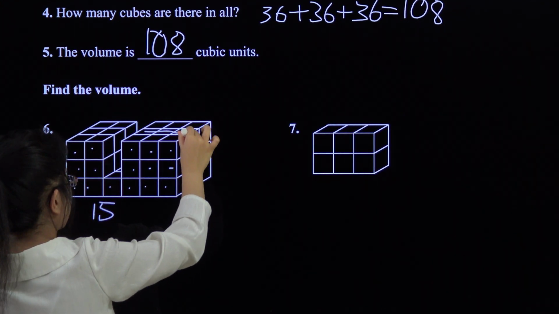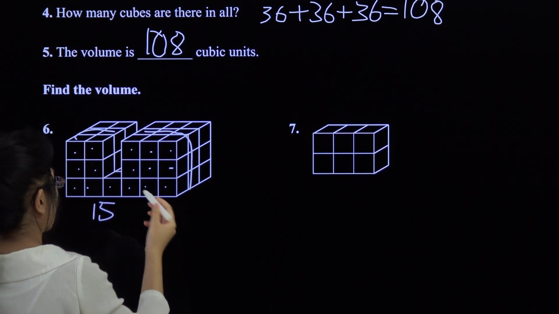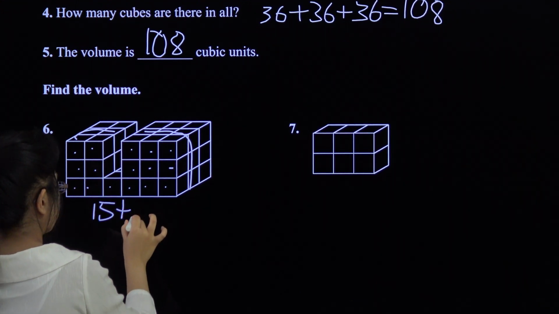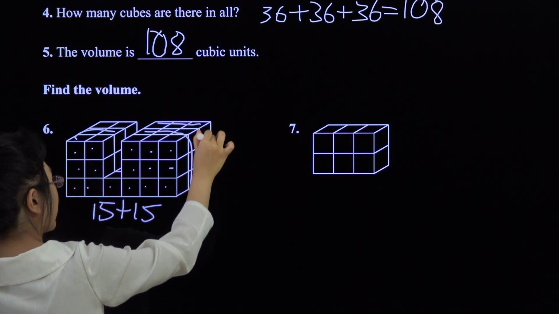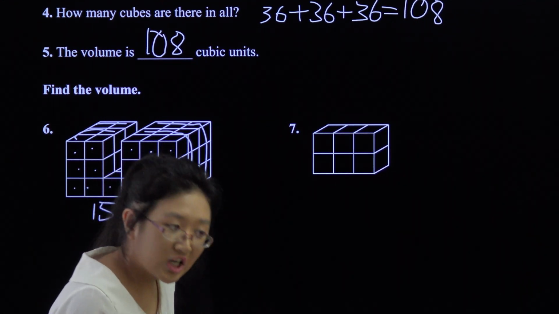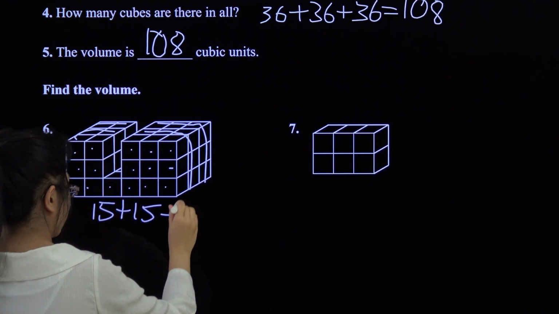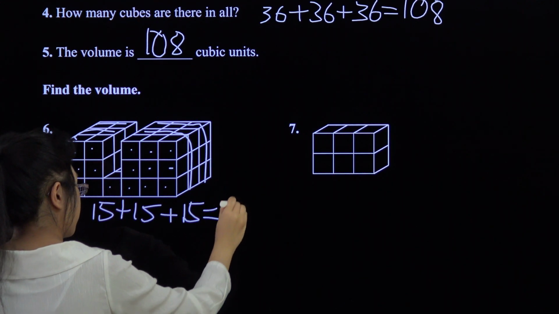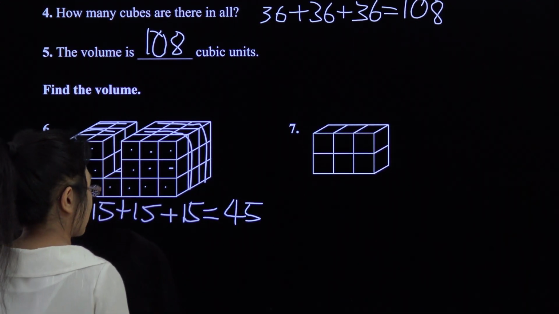And there's also going to be 15 in this layer here because it's the same shape. Plus 15. And there's also going to be 15 over here because, again, it's the same shape. So that's 3 15s. And for your information, 3 15s is equal to 45.